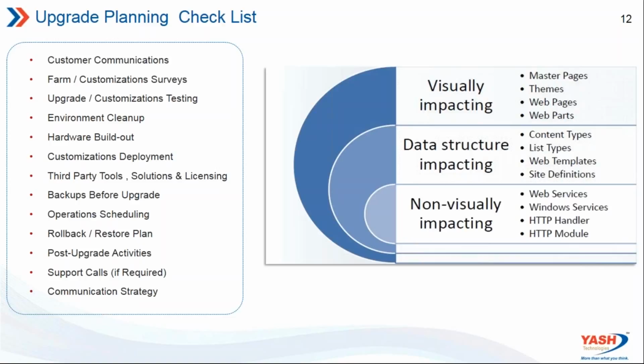And we also need to take care of the third-party tools, their licenses, solutioning, and the deployment at the target servers after the migration is done, so that the custom web parts or the tools work seamlessly.